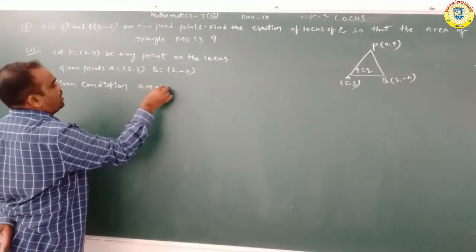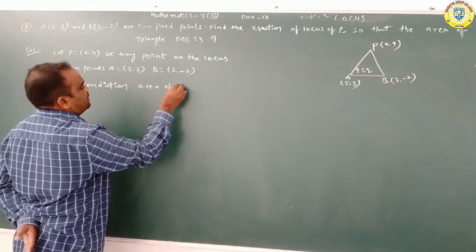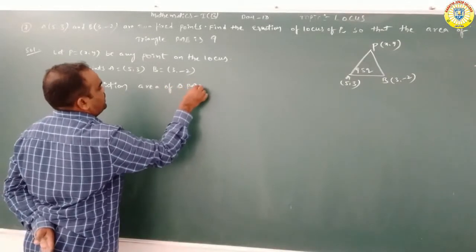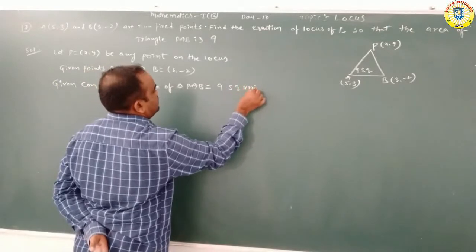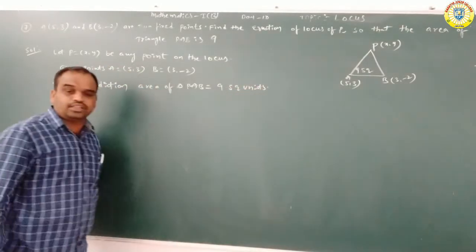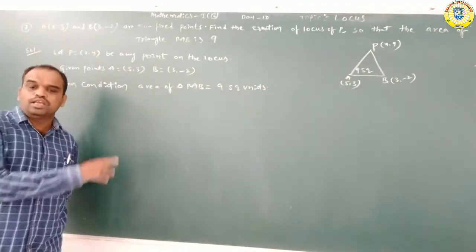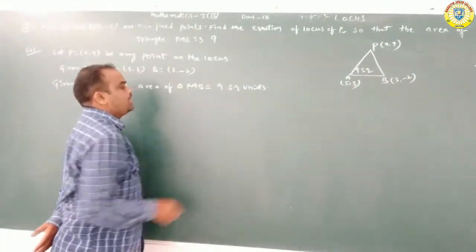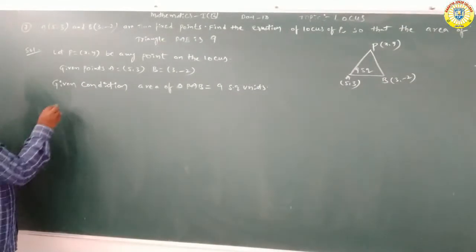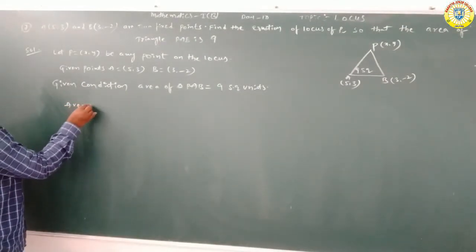Here the area of triangle PAB is equal to 9 square units. Area is always taken in square units. So here we are using the area of triangle formula.